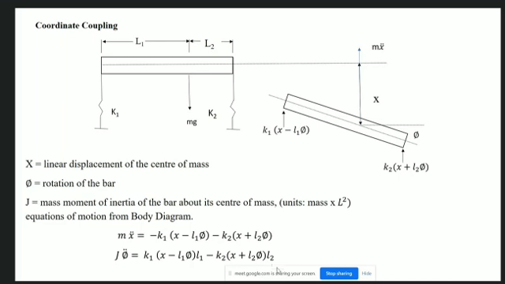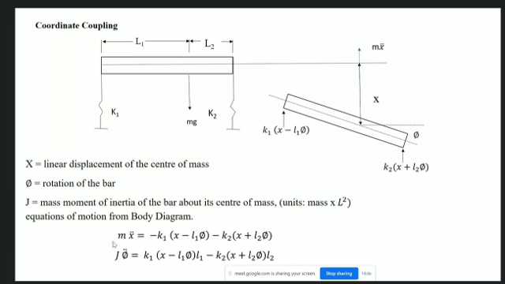So after applying the D'Alembert's forces and moments, we are converting the system into an equivalent static system, and then we are taking the moment. Or somebody could have considered it through Newton's law: these are the upward forces and this is the downward acceleration, therefore the total unbalanced force is equal to mass times the acceleration.